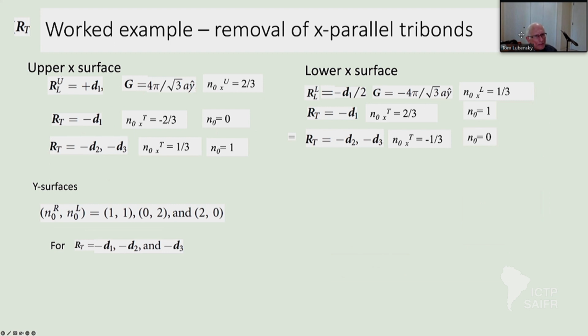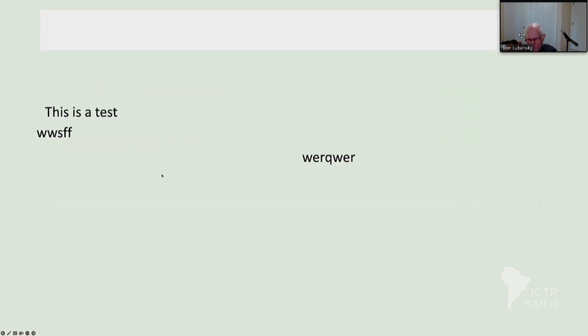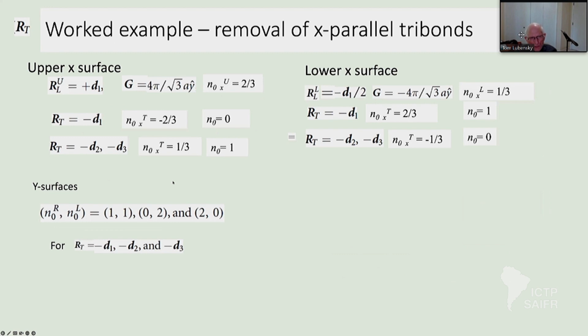This is the upper surface, the same as this with D2 or D3, and you can see that, oops, that's the wrong one.